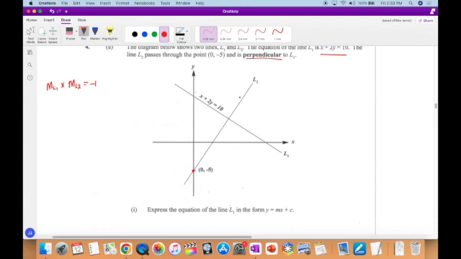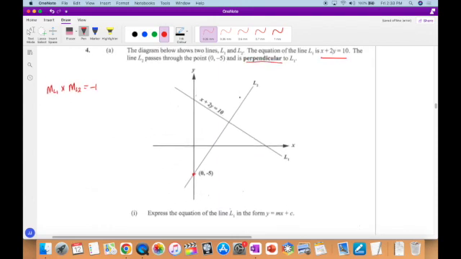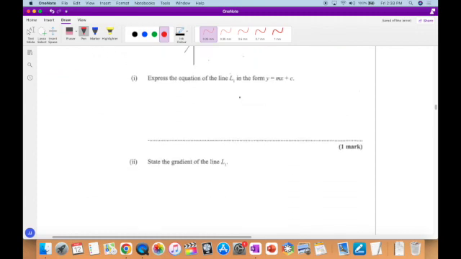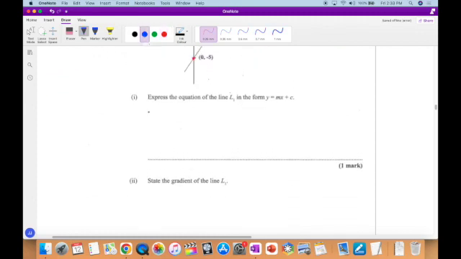Express the equation of L1 in the form y = mx + c. So x + 2y = 10. I throw the x across, so 2y = -x + 10. And then y will be (-x + 10) all divided by 2, which really works out to be -x/2 + 10/2, which is 5.